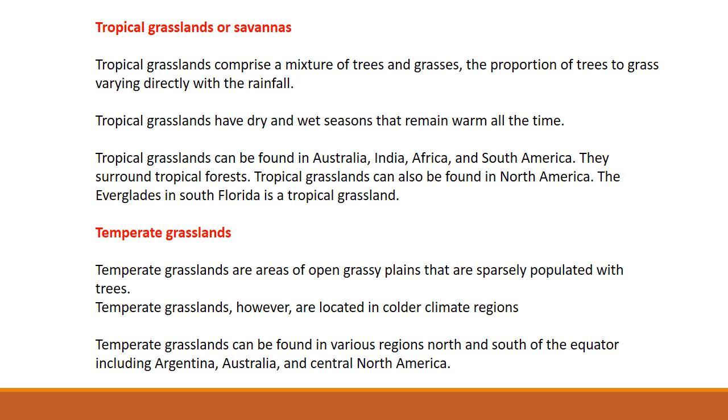They are characterized by very cold winters, intense grazing, and summer fires that do not allow a shrub or tree to grow. Temperate grasslands can be found in various regions north and south of the equator, including Argentina, Australia, and Central North America.